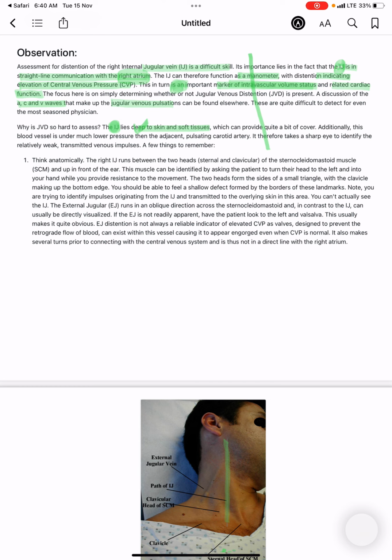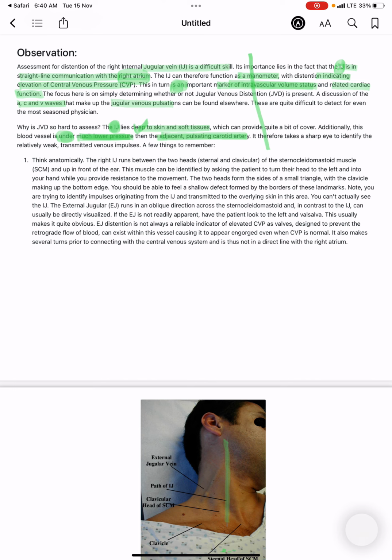Additionally, this blood vessel is under much lower pressure than the adjacent pulsating carotid artery.